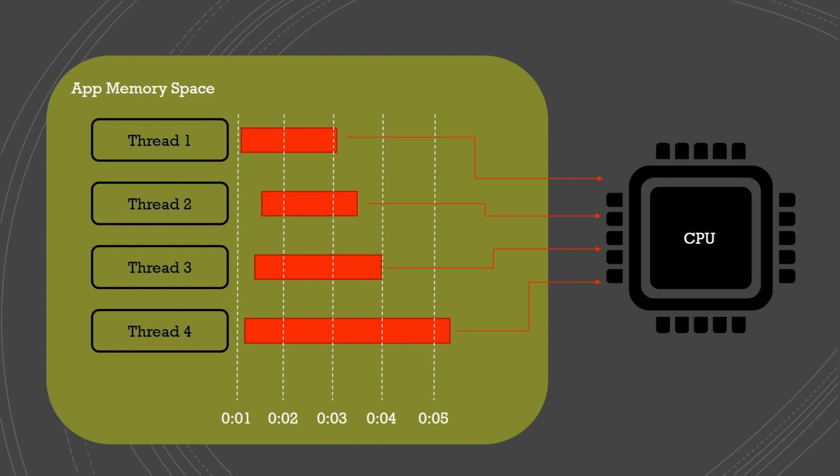And so the memory is shared between the different threads. Okay, so that's the difference between multitasking and multithreading. There are a lot more differences, but this is the difference that we as developers should care about. Multitasking has separate memory space. Multithreading has shared memory space.